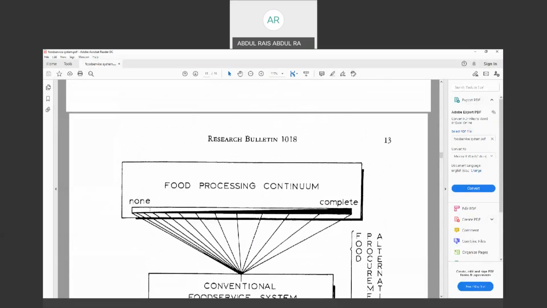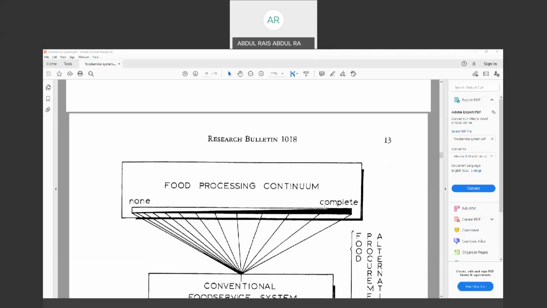Dan kalau food ingredient is purchased near the right end of the continuum, meaning complete, bermakna makanan tu dibeli dalam bentuk yang dah ready untuk dia masak ataupun untuk dia serve immediately lah. So itulah apa yang diilustrasikan melalui food process continuum tu.